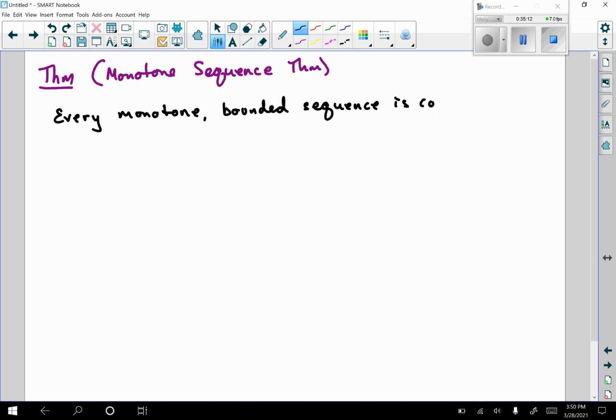So that makes sense, doesn't it? If it's bounded, it's not taking off and going towards infinity or negative infinity, so therefore it has to be convergent.